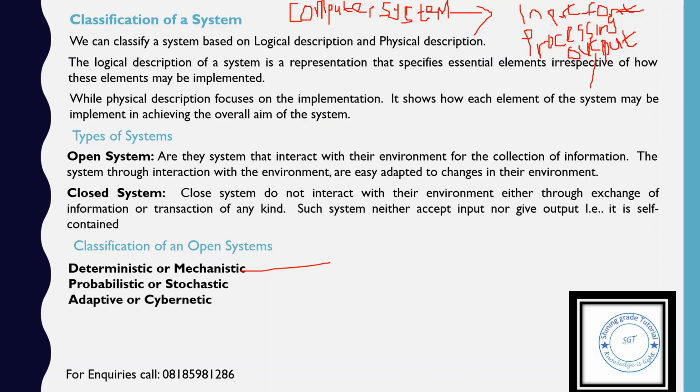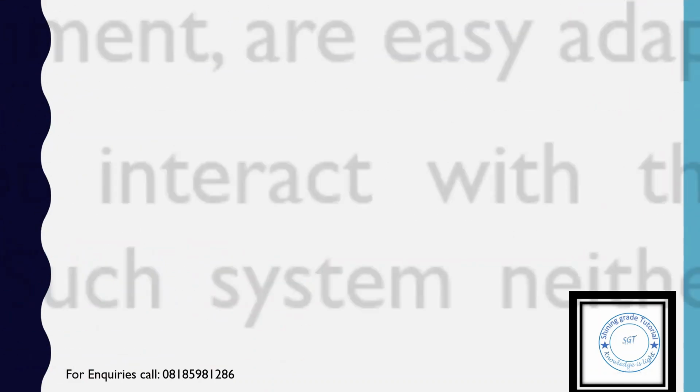It cybernetically retrieves its output from its adaptive nature to the environment. So whatever it gives from the environment comes from itself, on its own basis. An adaptive system responds to changed situations by adjusting its behavior on a self-organizing basis. So that's the aspect of the adaptive or cybernetic system.